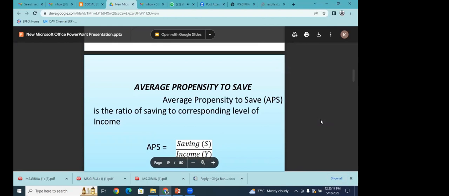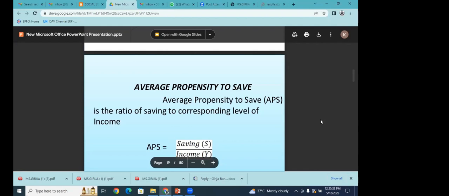Out of 50,000, Raju is saving 25,000. So what will be Raju's average propensity to save? 25,000 divided by 50,000, we get 0.5 or 50%. Give an example, children will understand.